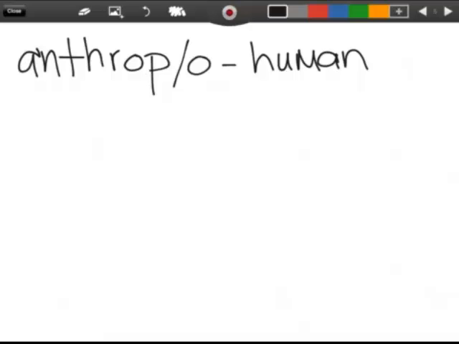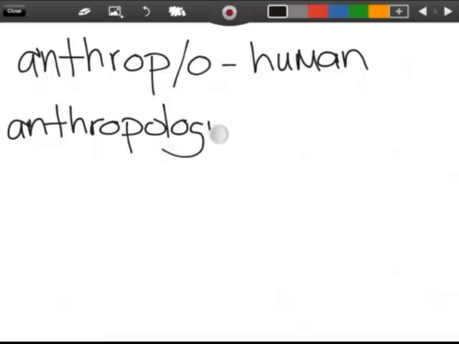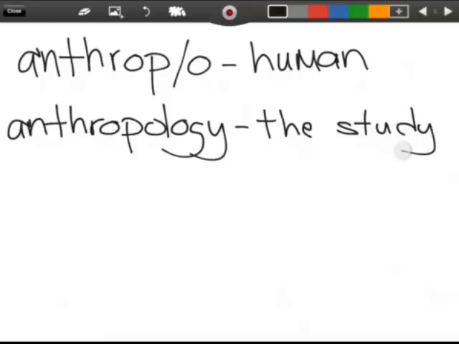If we want to look at an example word, we could say anthropology, meaning the study of mankind.